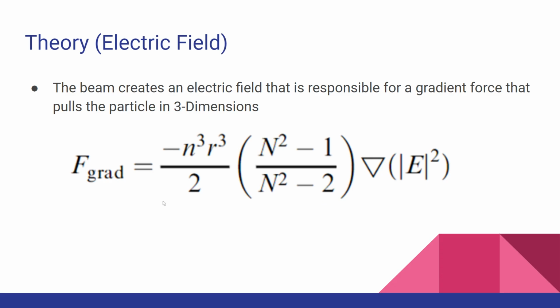As you can see, there's a negative sign in front of this, so it is the negative gradient, so all of the forces from the electric field will be pointed inwards towards the center of the beam and upwards so that the particle is trapped in all three dimensions. This theory explains optical trapping when the particle is smaller than the wavelength of the beam used on it.